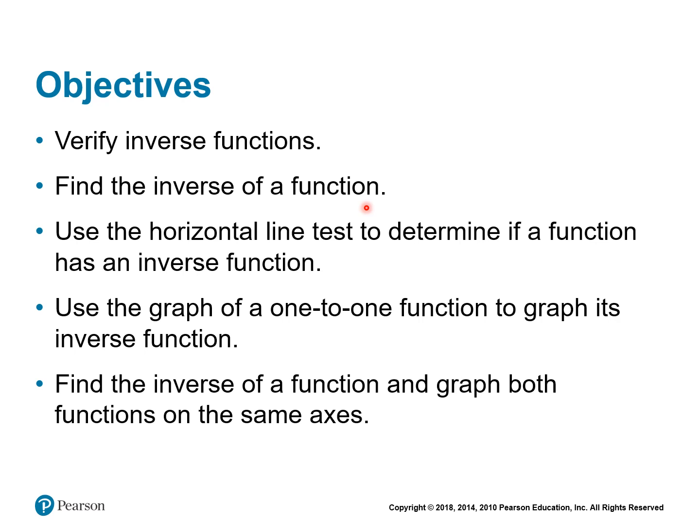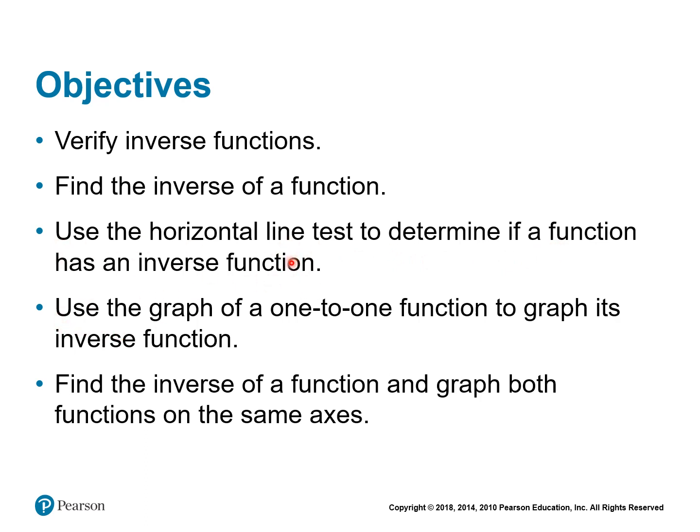So there is a step-by-step process, and we will go through that process to create an inverse function of a given function. Then we'll use the horizontal line test to determine if a function has an inverse function.